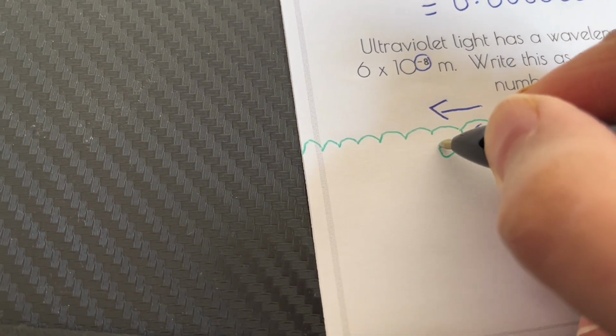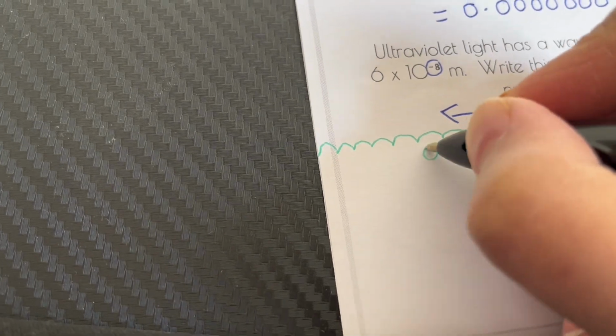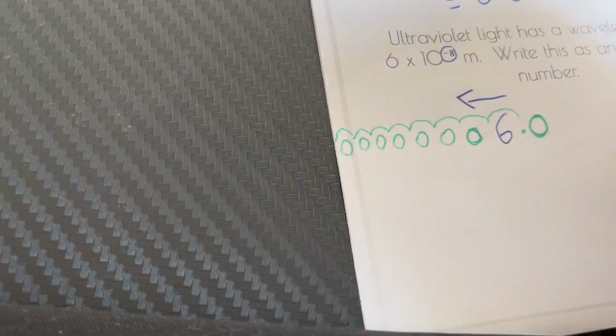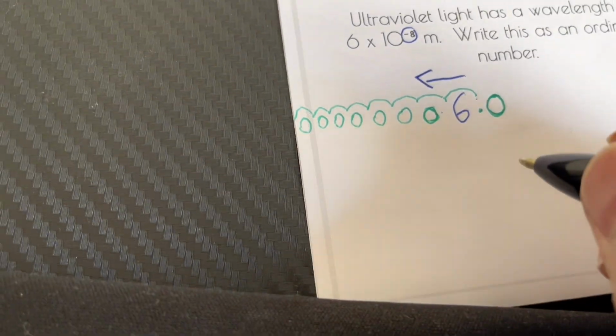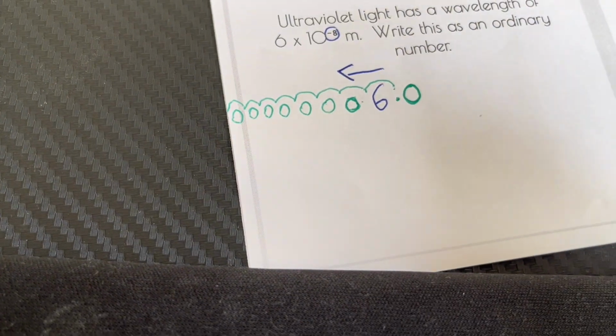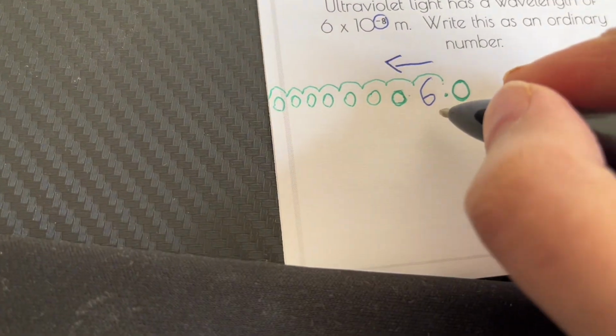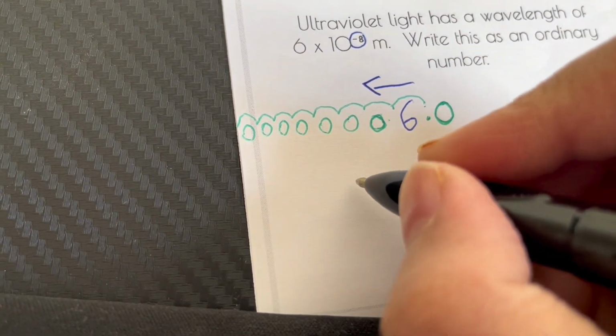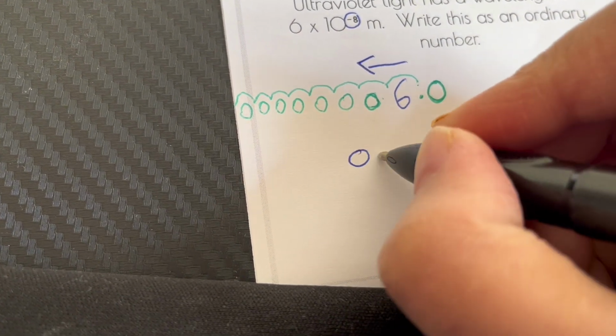So 1, 2, 3, 4, 5, 6 and 7. We've got 7 zeros. Now if I neaten this up and write it as an ordinary number without all those jumps, then that means I should have 0 point.